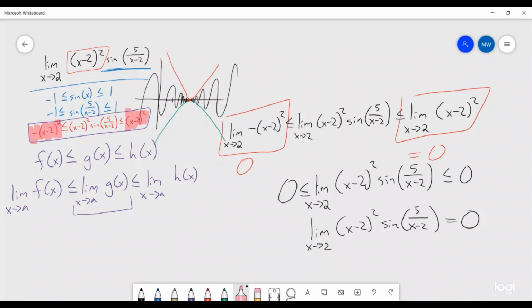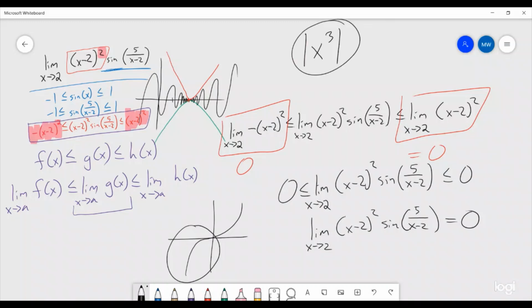Especially if this had been an odd power, like say (x minus 2) cubed. Well, the graph of something cubed is sometimes negative, which means that multiplying by (x minus 2) cubed would not have worked in this case, because sometimes it'd be negative. However, in those situations, instead of multiplying by x cubed, multiply by the absolute value of x cubed, and then that's going to work. That is the nuance that can get a little bit confusing sometimes.